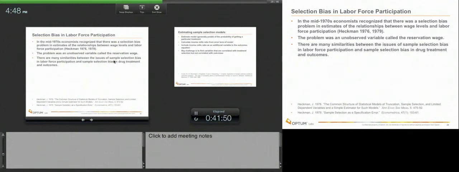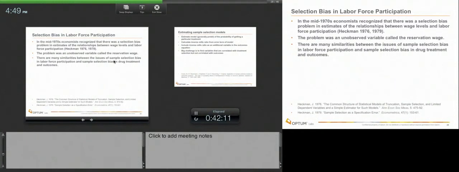in the mid-70s. There, economists were naturally interested in the relationship between the number of hours people were willing to work and the wages being paid. But it was like that censored sample example I gave you.